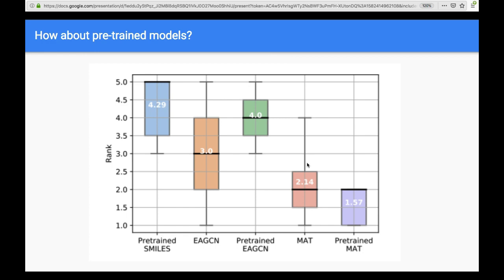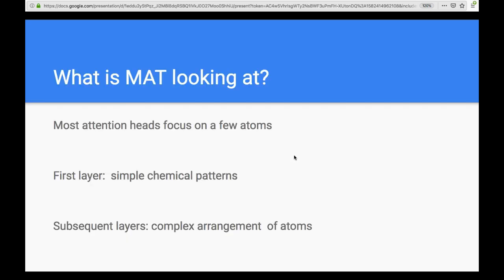Probably in the next 12 months, you will see a lot more papers along this line of work being published. A lot of people will probably use this kind of pre-trained model, or use a slightly modified way to pre-train it and perform different kinds of molecule property prediction tasks, and they will have a lot of good results. So just wait.